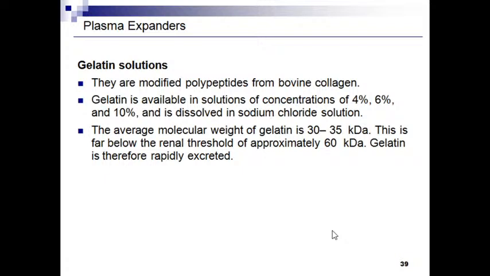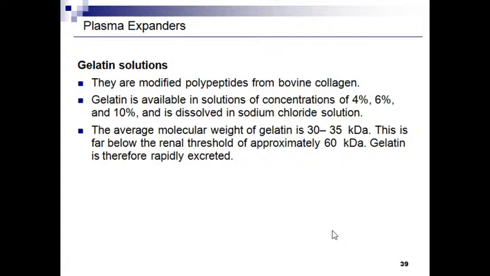And the last chemical substance is gelatin. We can use gelatin, modified polypeptides from bovine collagen. Gelatin is available in solutions of concentration of 4, 6, and 10% and is dissolved in isotonic sodium chloride.